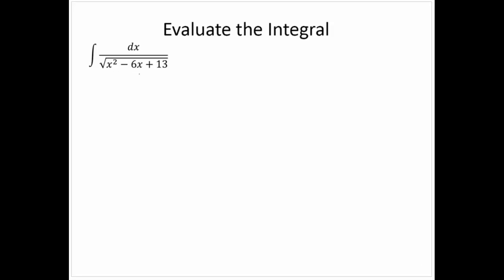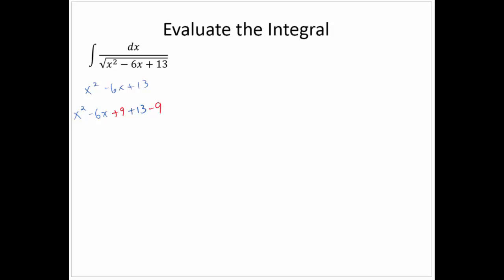So x squared minus 6x plus 13, I'm going to complete the square. X squared minus 6x plus 13 is the same as x squared minus 6x. Now completing the square on the x squared minus 6x, that would be x squared minus 6x plus 9. Let me use a different color here. So plus 9. Now wait a second, I still have this plus 13, but now to keep it even, I've got to subtract 9.